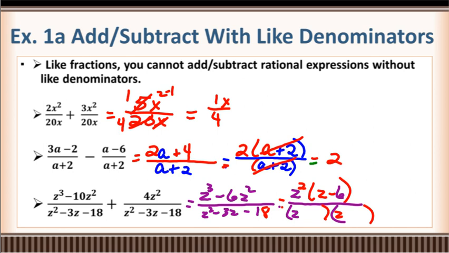That would be a negative 6 and a positive 3. And then I check to see if there's anything in common with the numerator and the denominator. z minus 6 is in common. So I'd be left with z squared all over z plus 3.